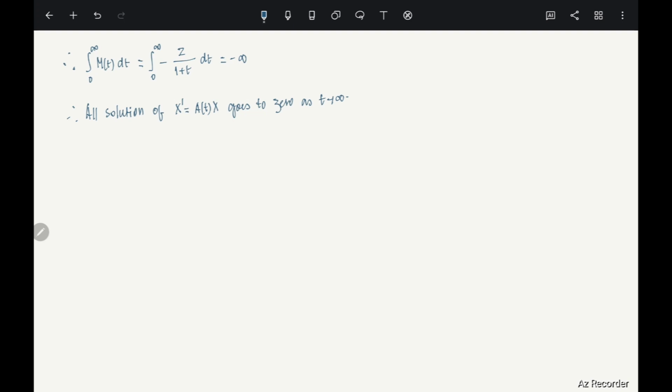Okay, so now we are going to look at a different kind of problem. Up till now we have looked at this problem, x prime equals A x, the purely homogeneous case.